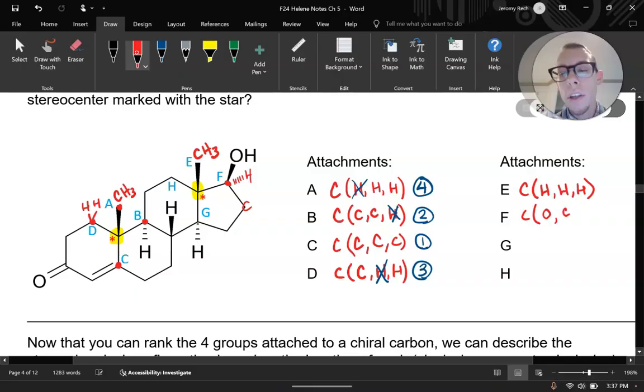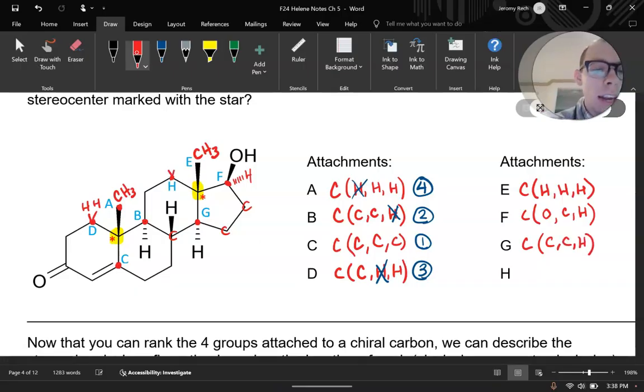Oxygen comes first, carbon second, hydrogen third. If I look down at G, there's a carbon and a hydrogen. So G is a carbon, and it's connected to carbon, carbon, hydrogen. And then I look over at H. H is going to be just like what D was. It's a carbon connected to a carbon, and then 2 hydrogens.